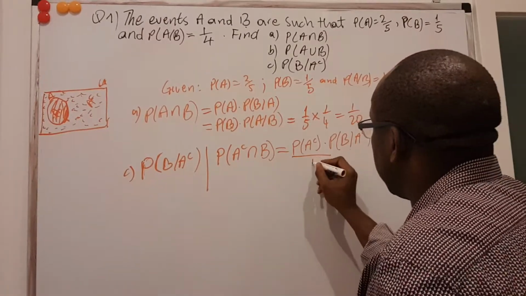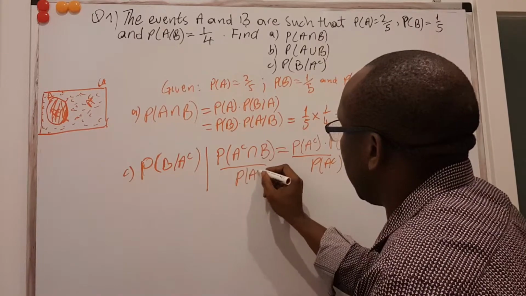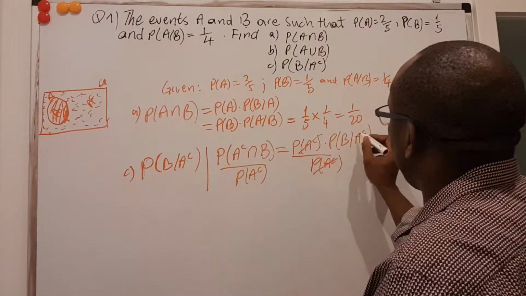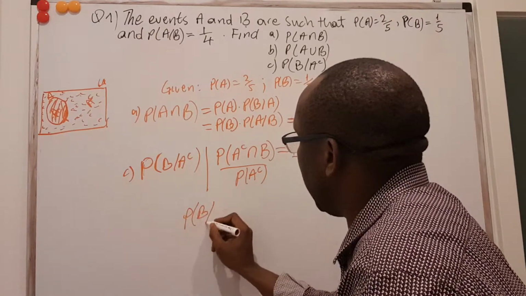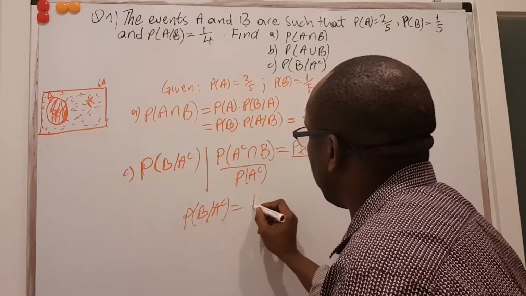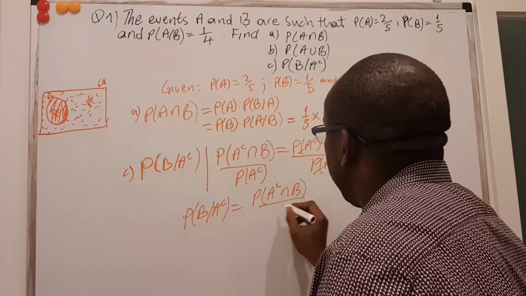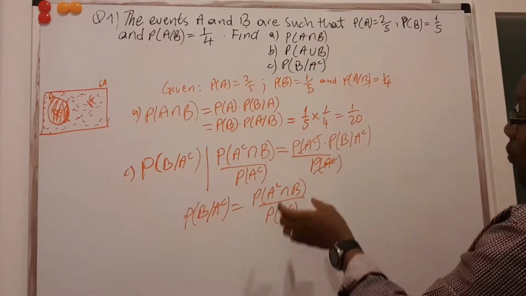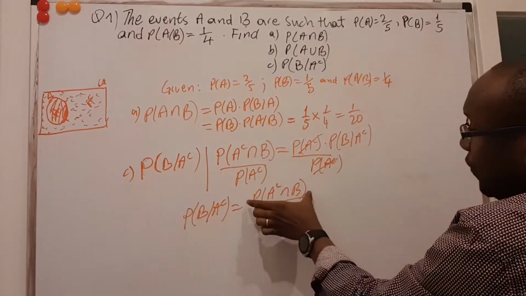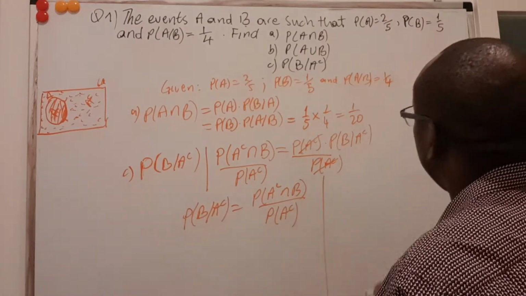So I can divide both sides by P of A complement, and this will go off with that. I have what I need. So it means my P of B given A complement is equal to P of A complement intersection B divided by P of A complement. So what we are left to do in order to calculate this is look for this, and then we are done.